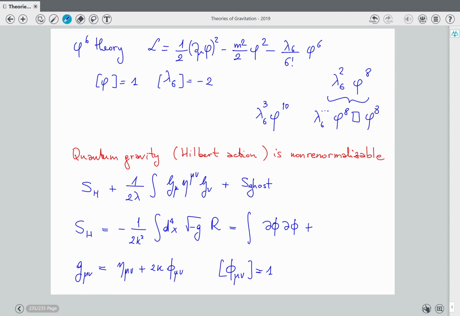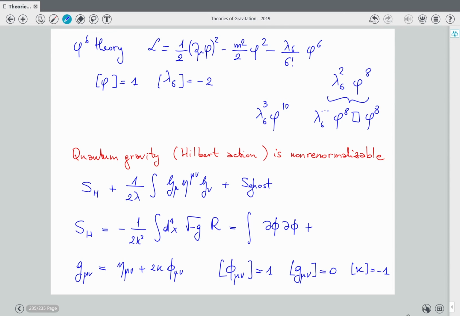But this is bad, because if this has dimension 1, since the metric has dimension 0, because eta has dimension 0, that means that kappa has dimension -1. The coupling constant of gravity, kappa, has dimension -1. And that is why you can build infinitely many counterterms, and you will find them in loop diagrams.